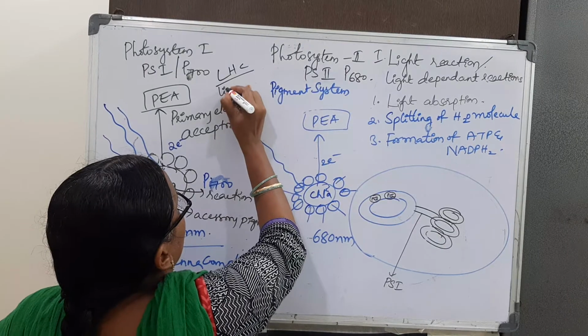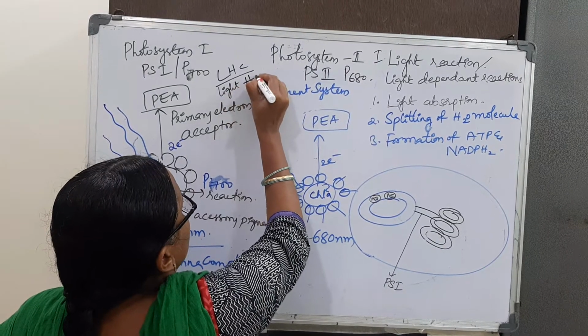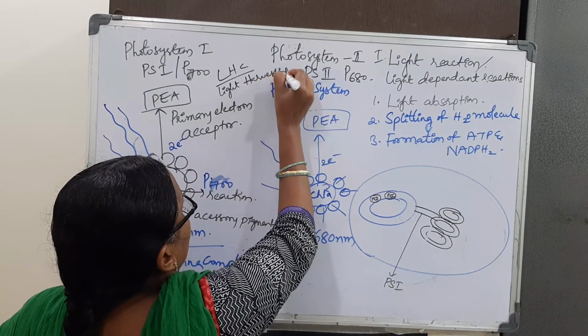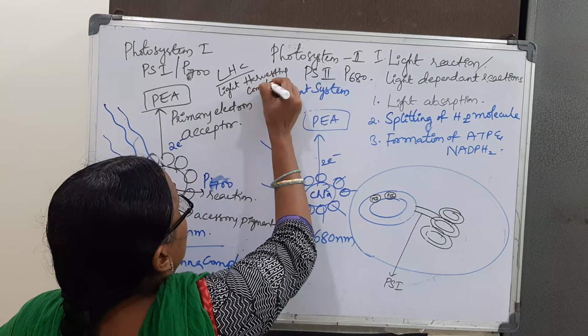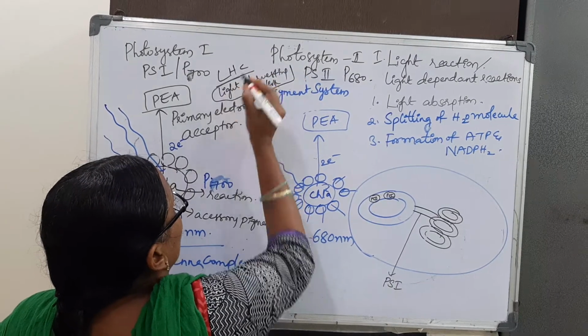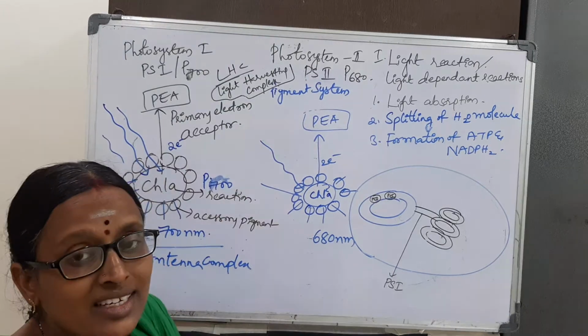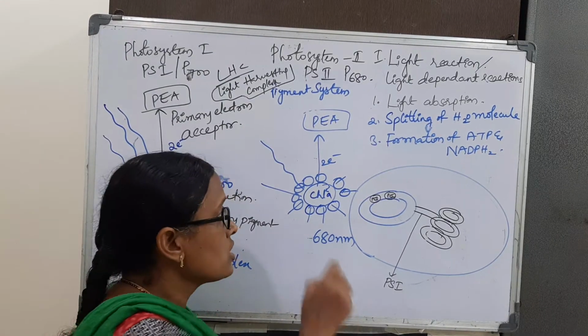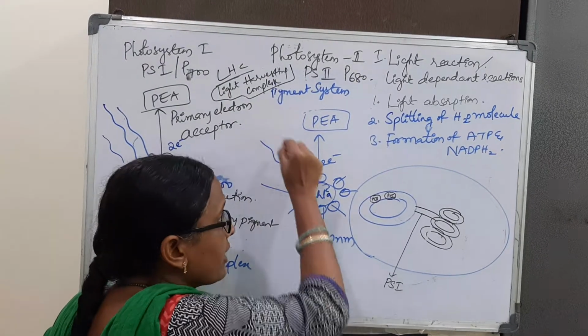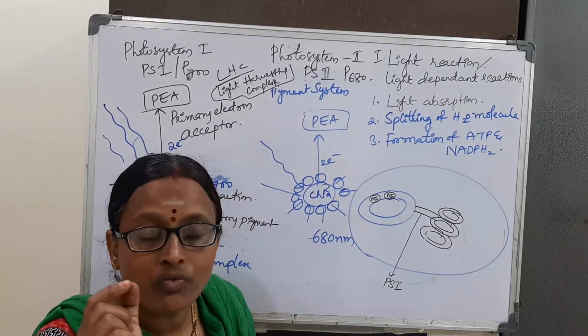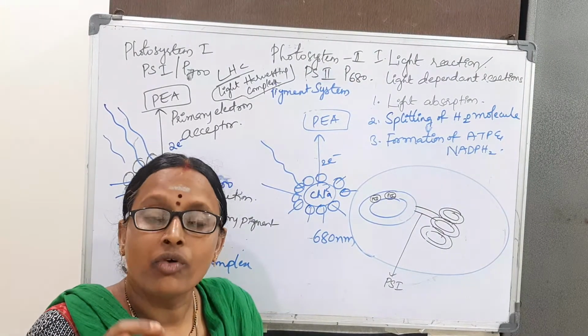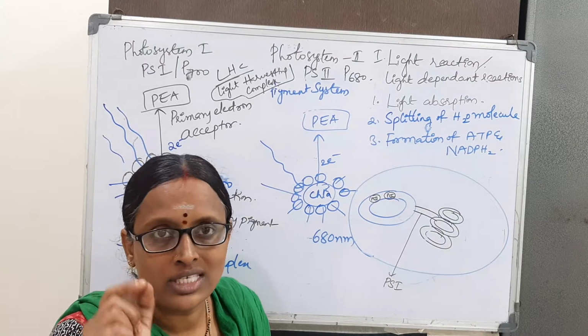L means light, H means harvesting, C means complex: light harvesting complex. Why are we saying this is a light harvesting complex? Because all the pigments capture different wavelengths of light for the process of photosynthesis.